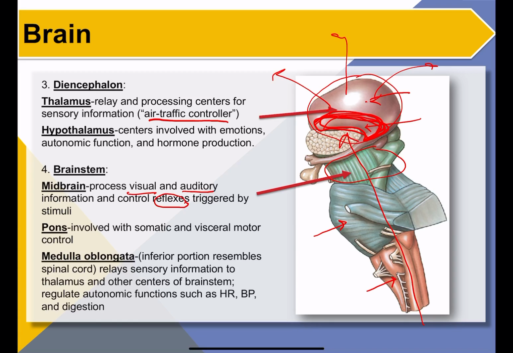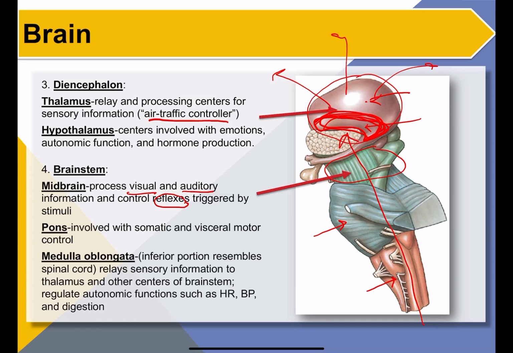All right, so the pons is involved with somatic and visceral motor control. What do we mean by that? Well, somatic, we're going to get to that in a little bit in chapter 13, and then chapter 15 is all about the somatic nervous system. But somatic usually means it has something to do with skeletal muscle movements, and visceral is involved with internal organs. We will bring up this term in chapter 13, somatic versus visceral, because there are parts of the spinal cord that are for somatic information, and parts of the spinal cord that are for visceral information.